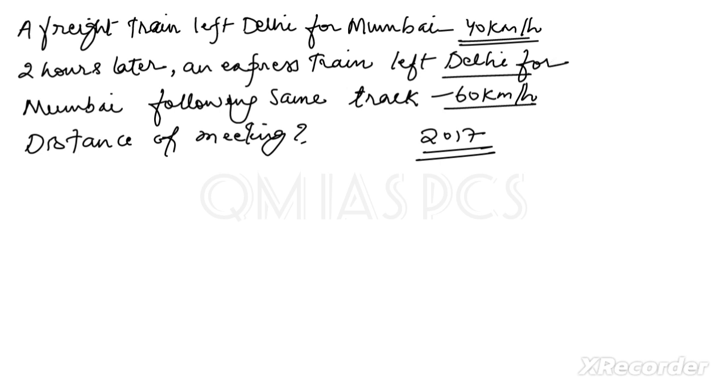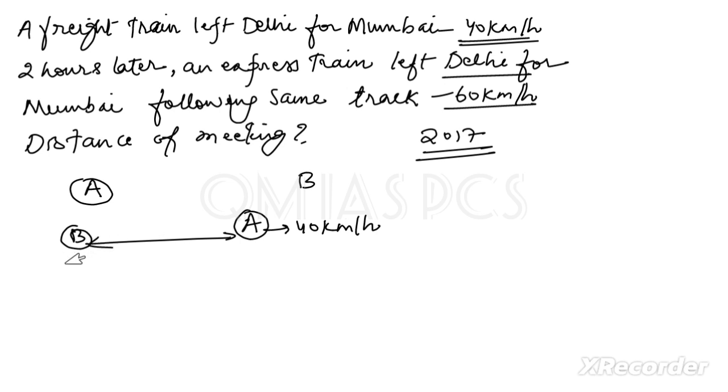So I'm explaining this one: this is the first train and this is the second train. The first train has already started. That train has reached somewhere here, and it is moving at the speed of 40 km per hour, and after 2 hours the second train gets started. So within 2 hours, there will be some distance between both trains.